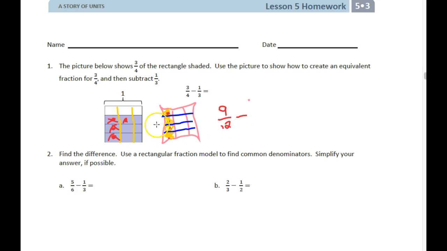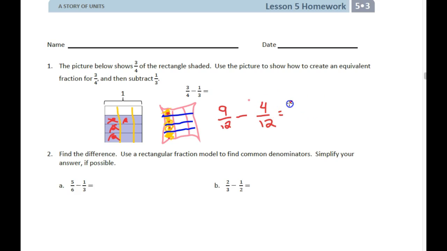And what we're taking away in this case is 1, 2, 3, 4, 5, 6, 7, 8, 9, 10, 11, 12, so we've got twelfths. So they match their common denominators. How many are we taking away? 4 of those twelfths.